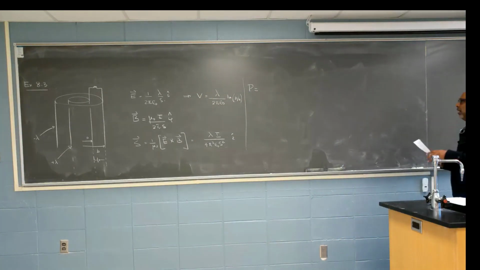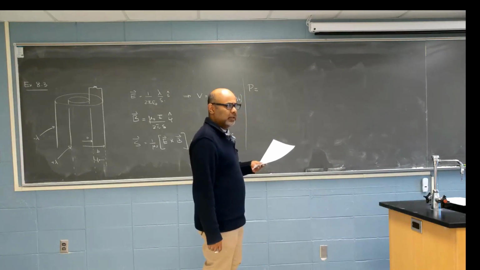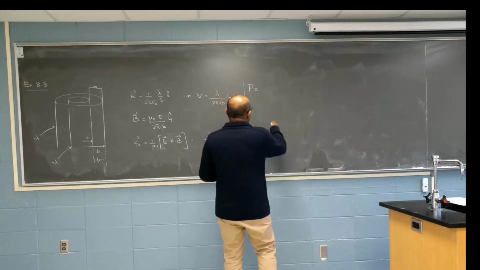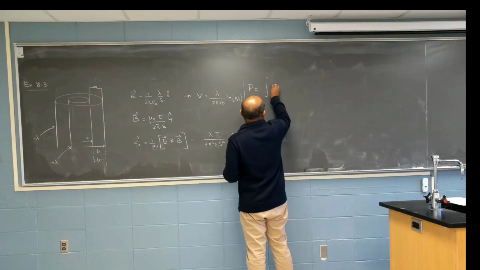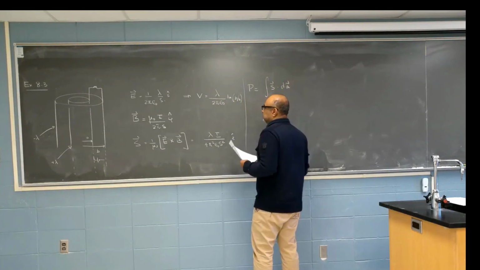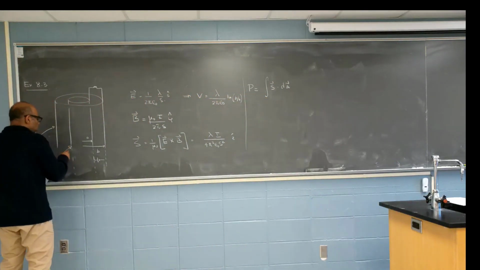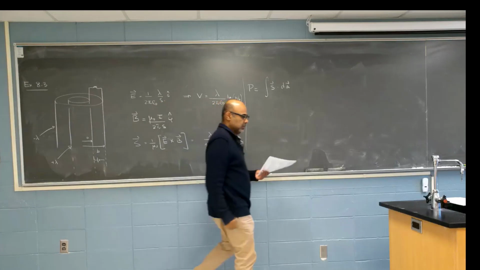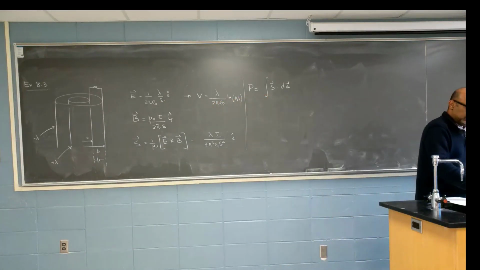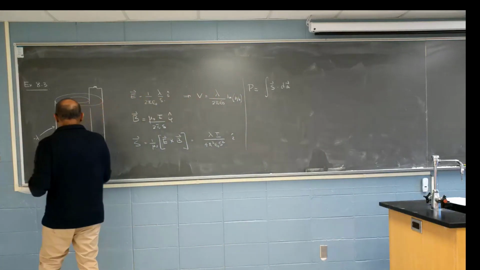So let's compute the power. Power is nothing but energy flux per unit time, but you integrate over area. So this is S dot dA. So what area am I going to integrate over? So I'll pick a cylindrical area where E cross B exists.